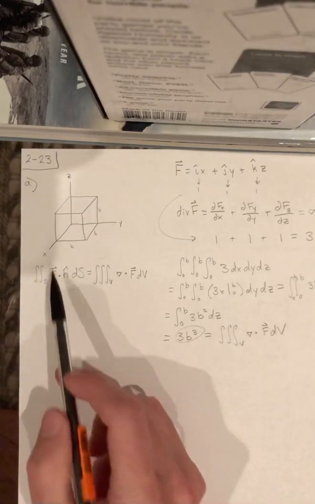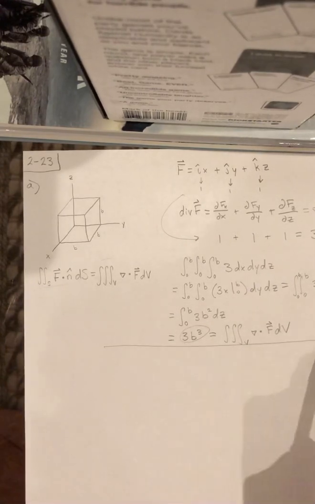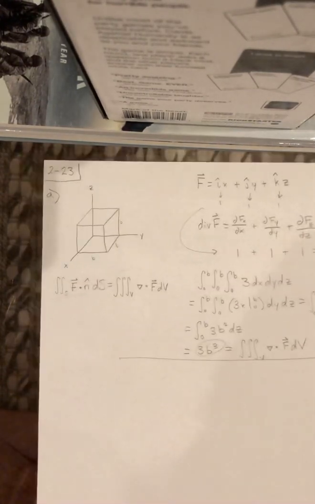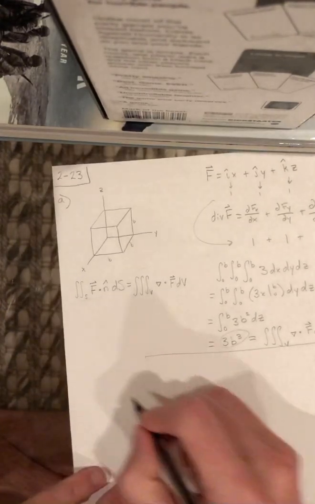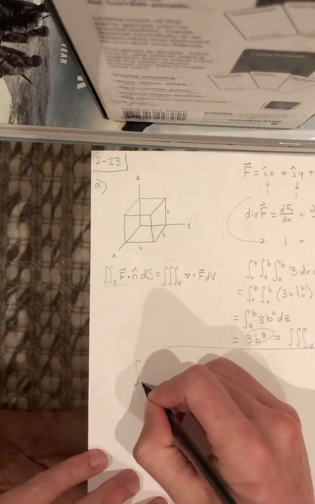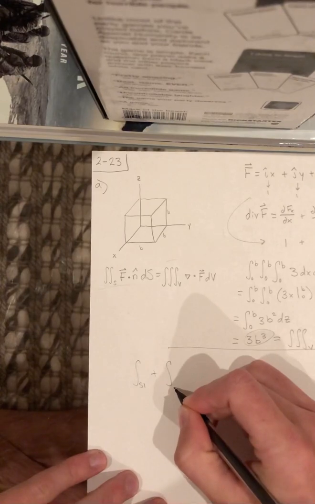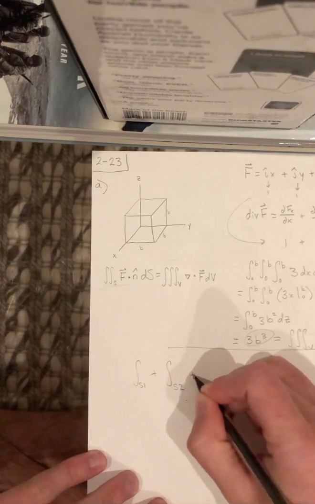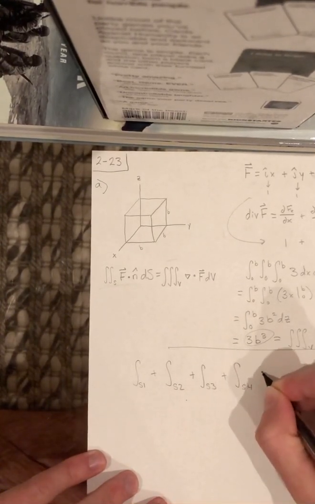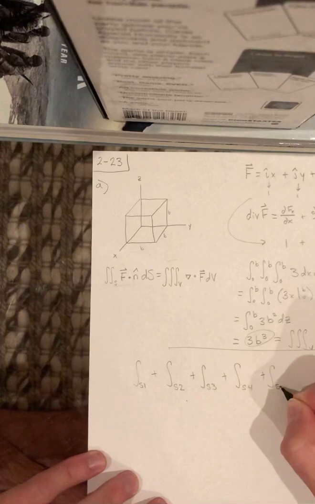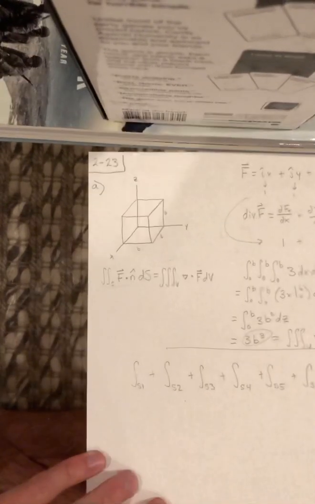Next up, we're going to have to do this side of the equation. Moving on, the way this one's going to work is that conceptually we're going to want to add the integral of side 1 plus the integral of side 2 plus the integral of side 3 plus the integral of side 4 plus the integral of side 5 plus the integral of side 6.